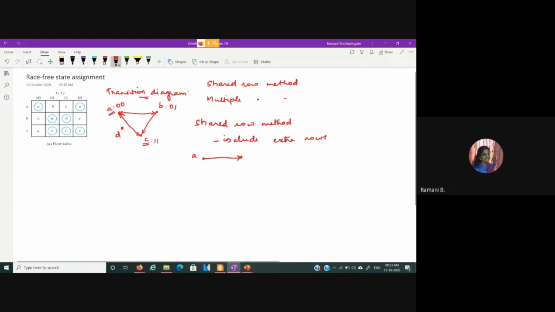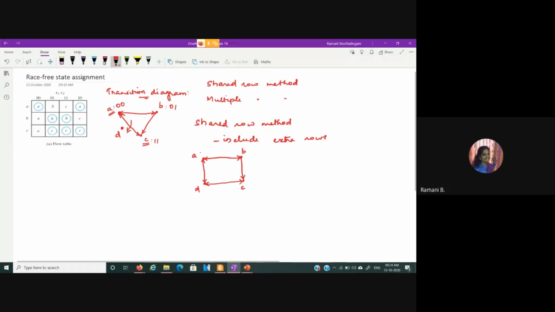So we have this A to B transition, B to A is also there. Then let this be D and this be C. We have B to C transition, then C to A as well as A to C. We have just made a break over there by introducing an extra state.